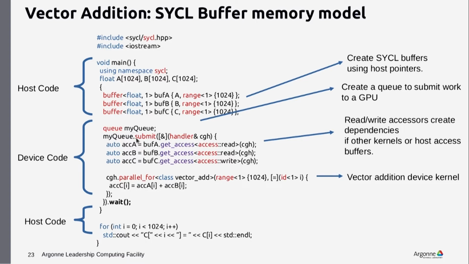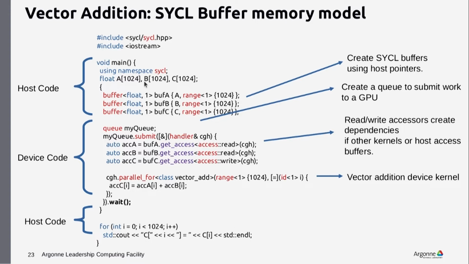So it would not be a problem here, and you don't need a wait theoretically, because buffers will take care of the dependencies. So this buffer and accessor method ensures that A, B, and C are ready first, and then it puts them into the buffer. If these are ready in the buffer, then only the access will be provided. It ensures that the complete calculations are run before you start printing them.